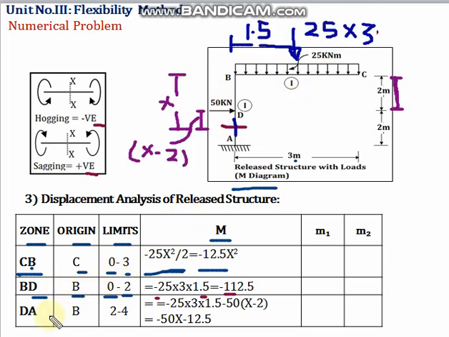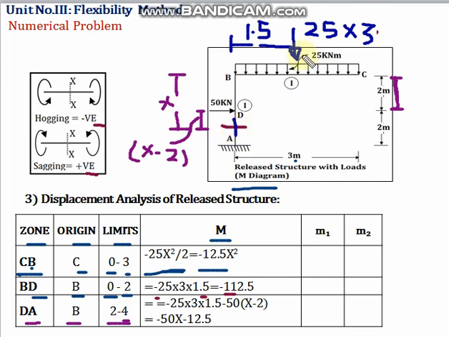Now next is the DA zone. The origin is B. D is 2 meter away from B, and A is 4 meter away from B, so the limits will be 2 to 4. Here I mark both axes, because one load is acting horizontal and one acting vertical, so both axes we must consider.